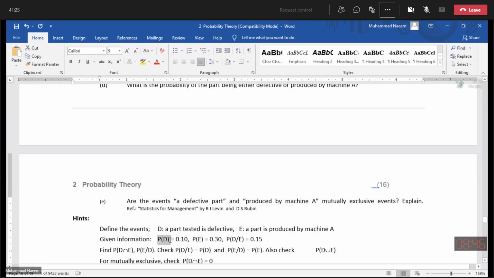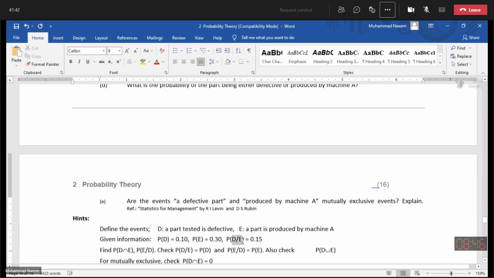Now the probability of D, that the part is defective, is given. Probability of E, that the part is produced by machine A, is given. Also, we are given this conditional probability. How do we read it?